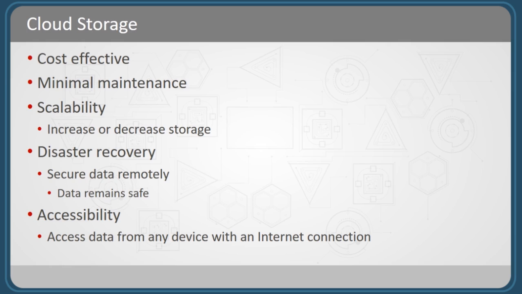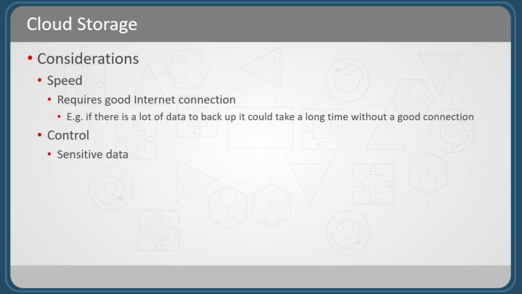You can access the data from any device with an internet connection. So typically the data that you tend to find in cloud storage is something like a database that drives an application, so that when I open my application, it doesn't matter where I am, it doesn't matter what I'm using. As long as I have an internet connection, the application can access the data.